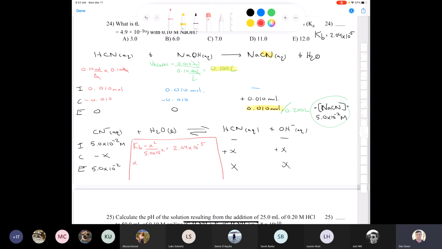So we get that x, which is equal to the concentration of our hydroxide, after you solve that, is equal to 1.01 times 10 to the negative 3. Yes, I'm aware that I'm still carrying an extra sig fig. We find out that the pOH is equal to 3.00. Now I'm back to my 2 sig figs, and therefore the pH is going to be equal to 14 minus 3, which is 11.00. And so that is the pH.